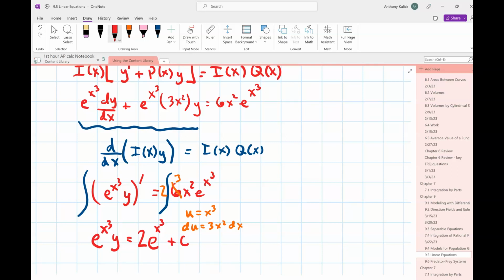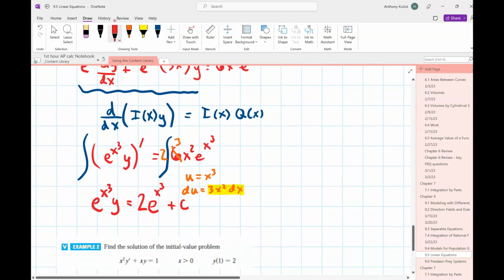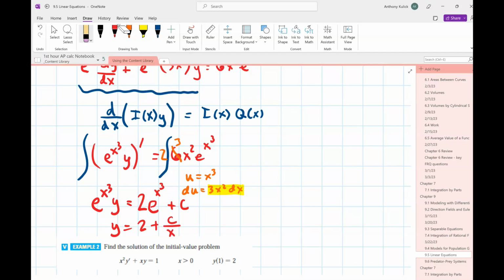That's part of the du, so that just gets sucked up into the du, and we just have the integral of e to the u du. Is that okay? All right. We're just getting the y by itself, so I'll divide both sides by e to the x cubed. And I am donezoed.